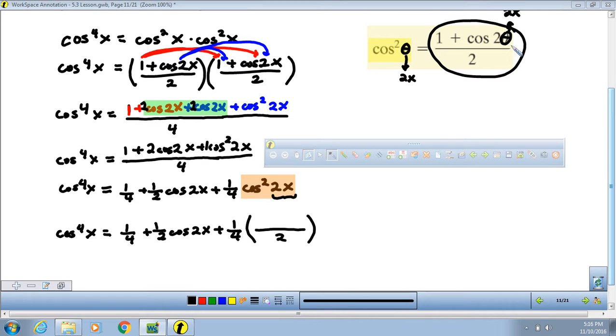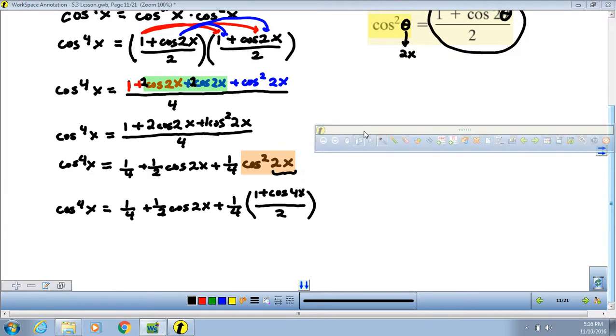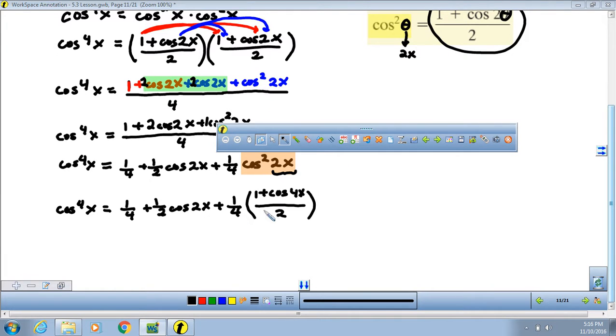So that is going to give you a 4x on this expression right here. So you're going to get 1 plus cosine of 4x divided by 2. And then if you multiply by the 1/4, what do you get? Let's separate it right there.